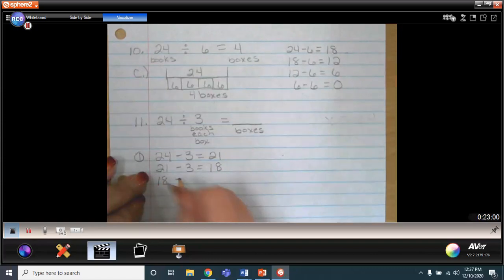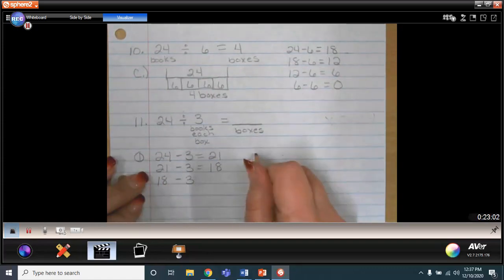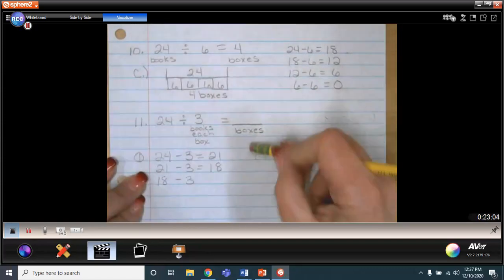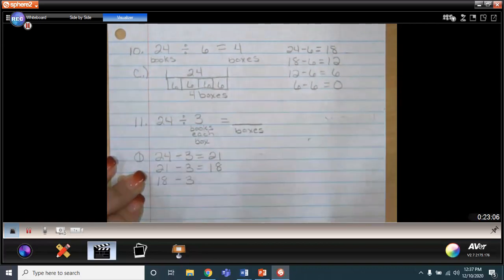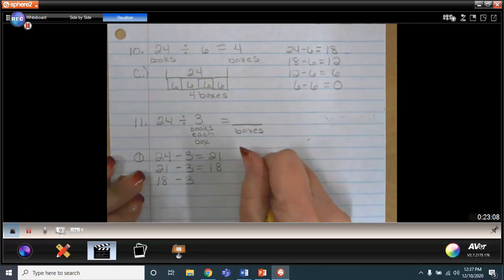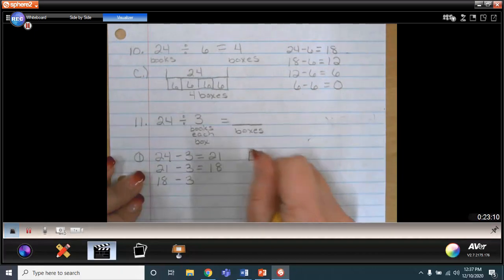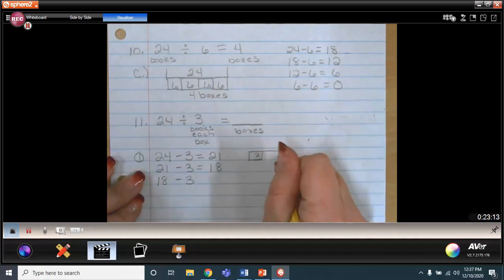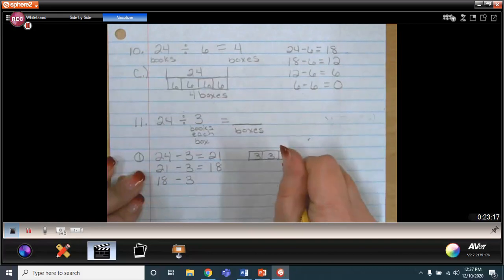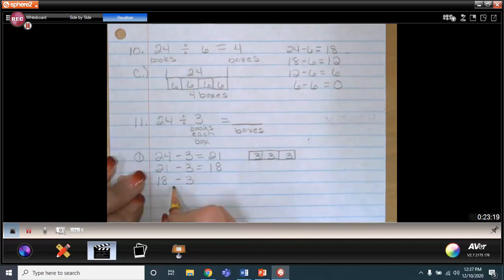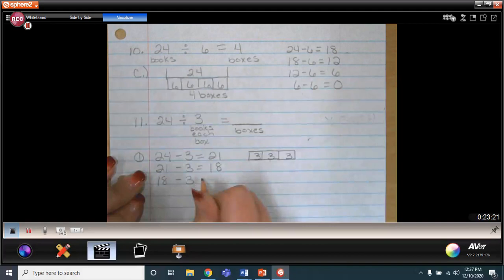Take 18, and I'm just going to show you what's happening here. Just like I did above, I'm taking a box, putting 3 books, take a box, put 3 more books, take a box, put 3 books. We're taking away 3 books and putting them in a box.